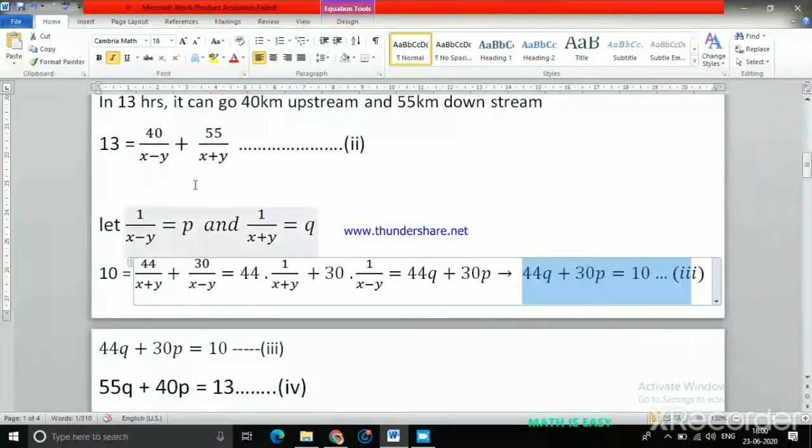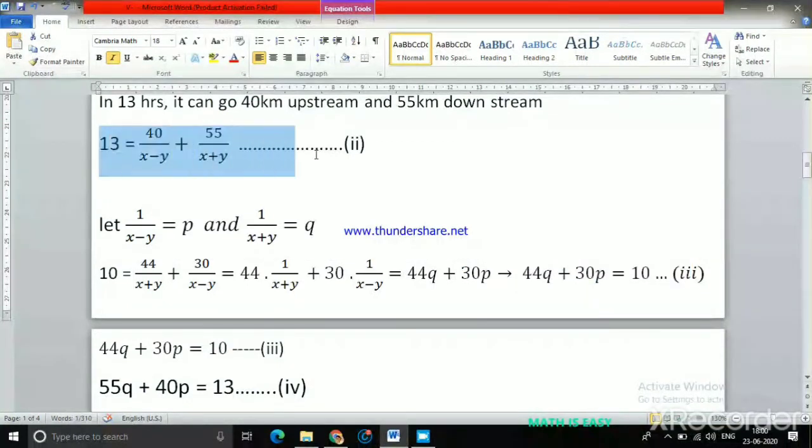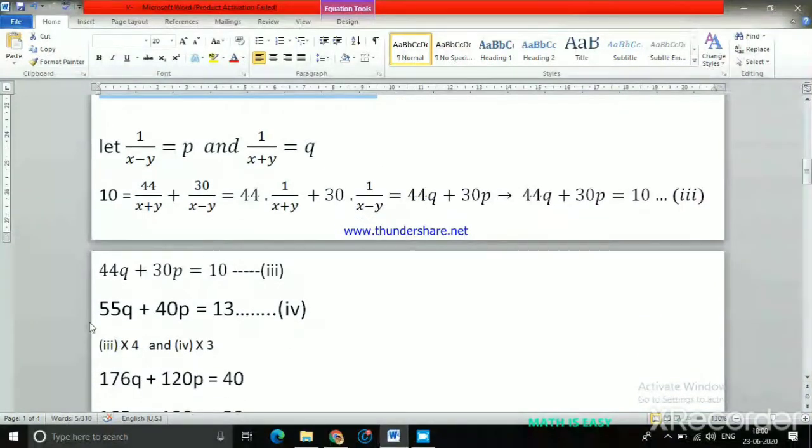Now similarly, this equation also I can change by replacing 1 upon x minus y as p and 1 upon x plus y as q. So we will get 13 equals 40p plus 55q. That's what I have written here: 55q plus 40p equals 13.